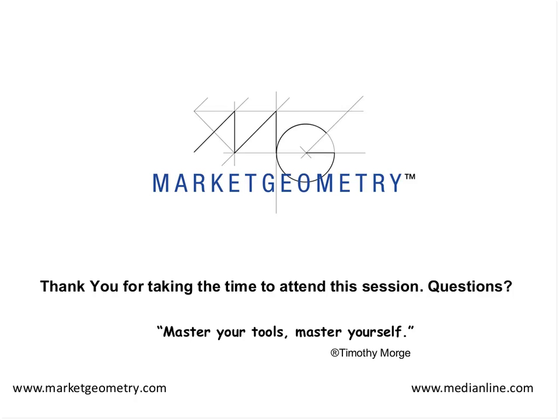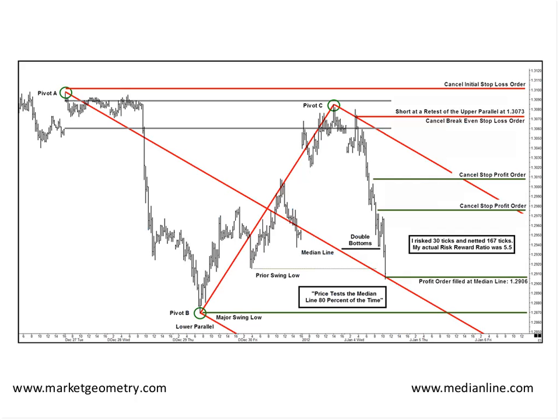How did I decide to use that point C? There's a chart. It's the highest high after the A pivot. We make a pullback, then price makes a leg up.